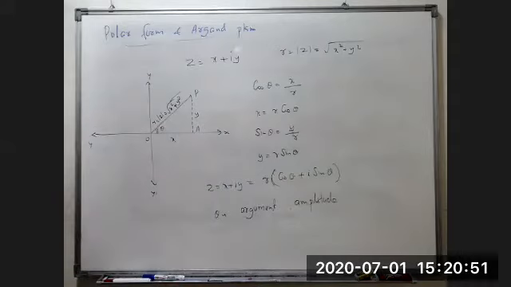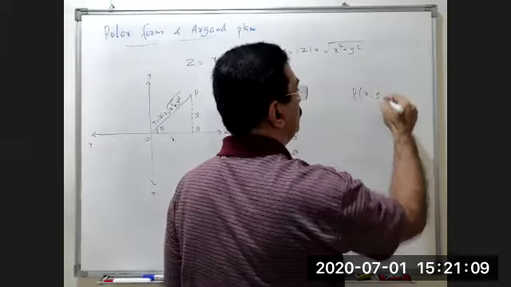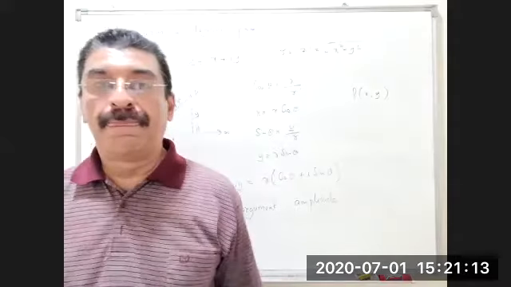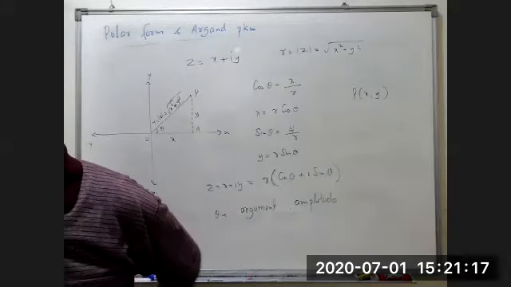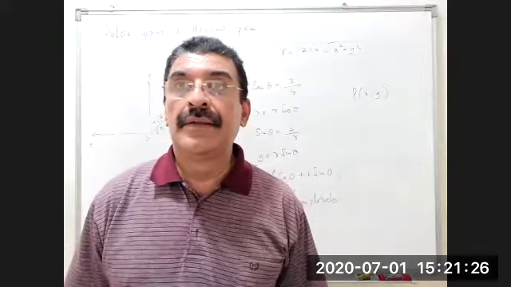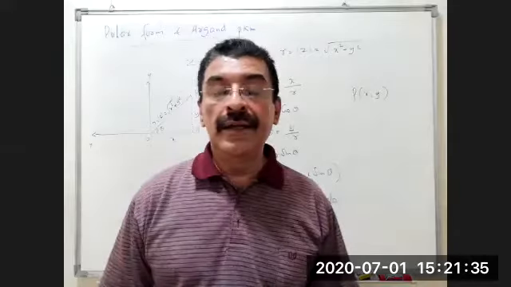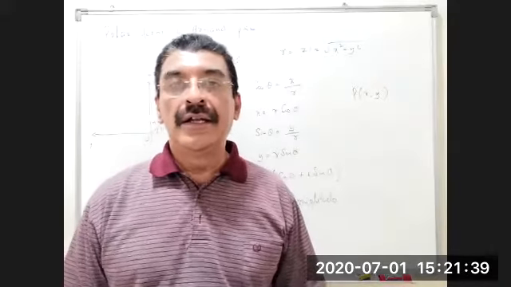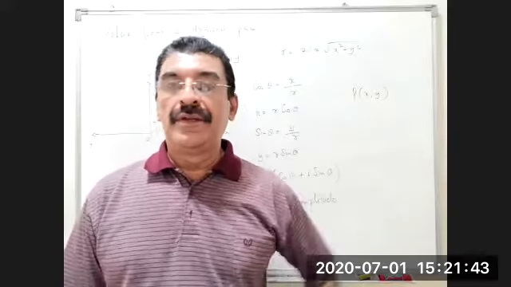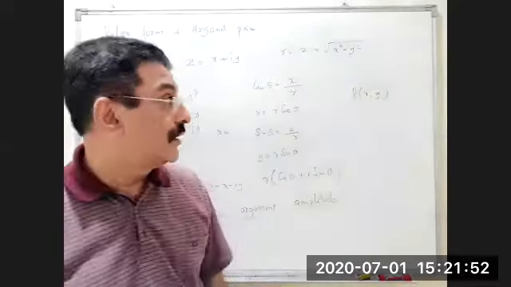So write these things: polar form and Argand plane.